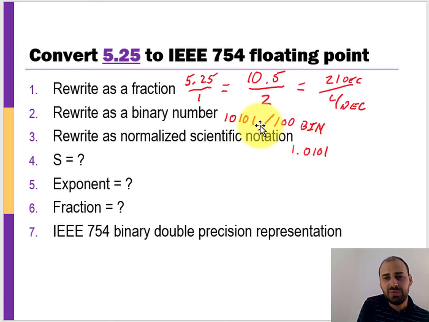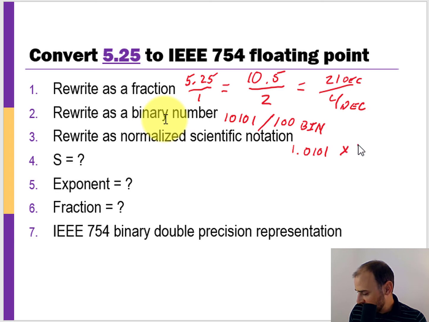Since we had to move the decimal point over by 4, or in this case divide by 4, we express that in scientific notation as multiplying by 2 squared.